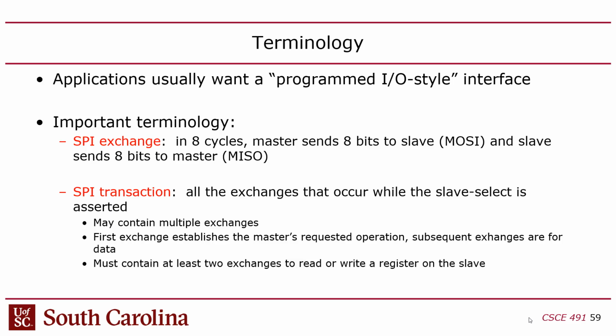It's pointless, right? It's completely ridiculous that we have this bidirectionality when we never need it. Likewise, if I want to write something, I send the address that I want to write to, and then I subsequently send the data I want to write to that address. And again, it's half-duplex, right? Only one direction. So I don't know why we're doing this. Why are we doing this? Why do we have bidirectionality here?